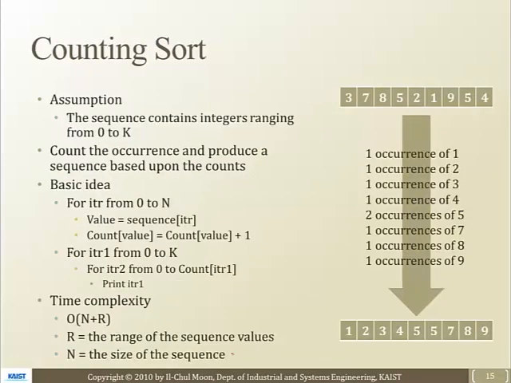Counting sort works like this. Here the assumption is this: the sequence contains integers ranging from 0 to k.